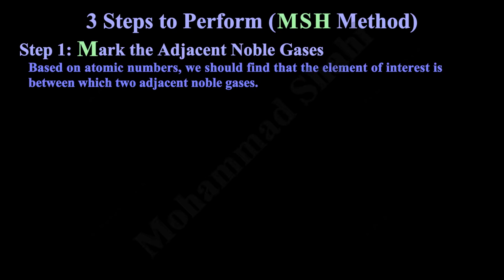The first step is to mark the 2 adjacent preceding and succeeding noble gases of the element of interest, or in other words, based on atomic numbers, we should find that the element of interest is between which 2 adjacent noble gases.